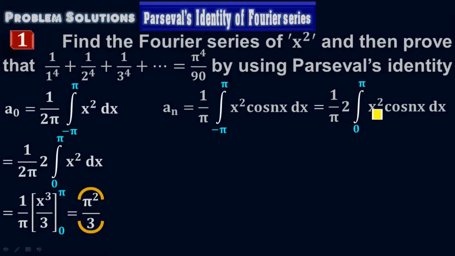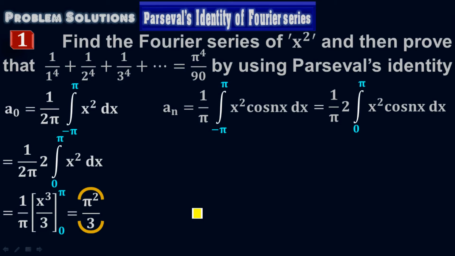So we're going to take the derivative of x squared and the integration of cos nx. We're going to repeat the process of integration and differentiation until on the left side for the differentiation we get 0. The moment we get 0, we're going to stop the process. If you are confused, just go and check the Fourier series section. I have done that process.